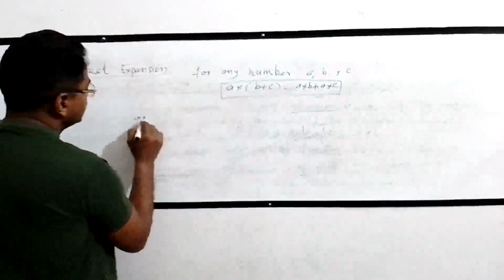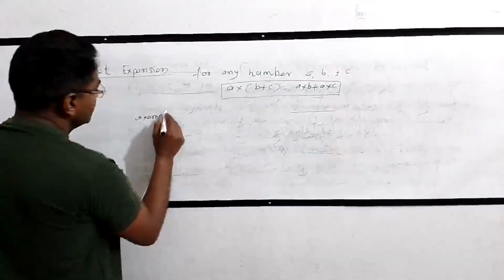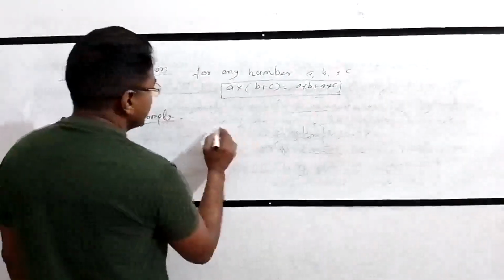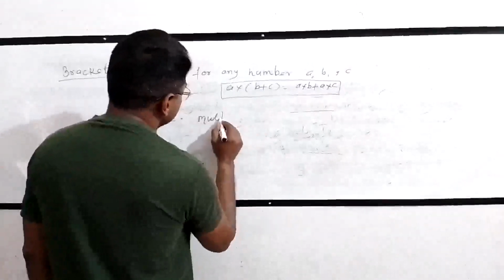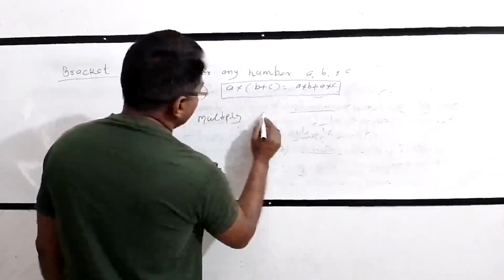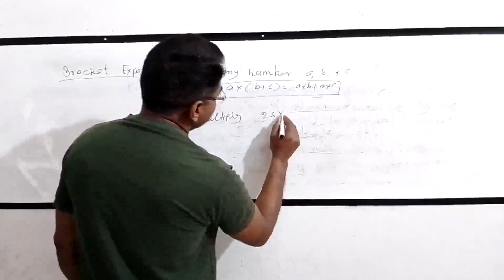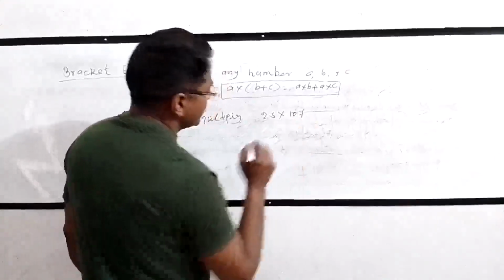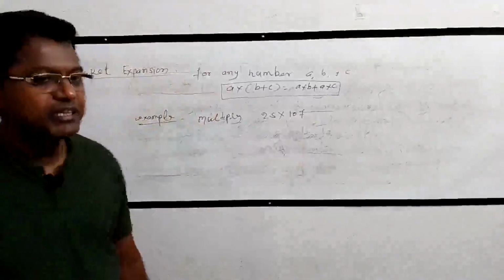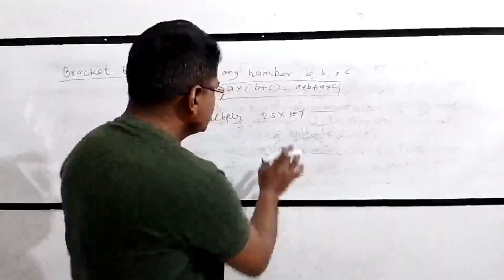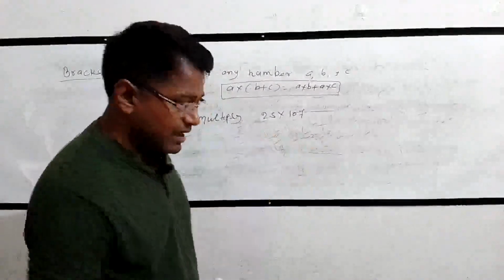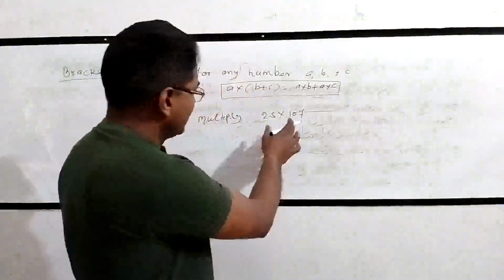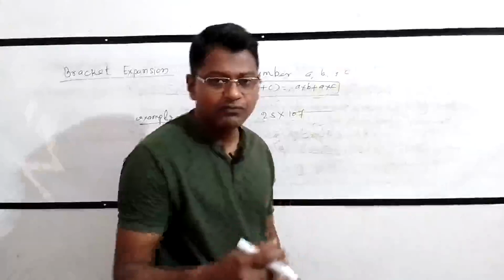For example, suppose I am giving you to multiply 25 into 107. What will you do in this case? If ordinarily you go through the calculations, you will find it very lengthy and tough.